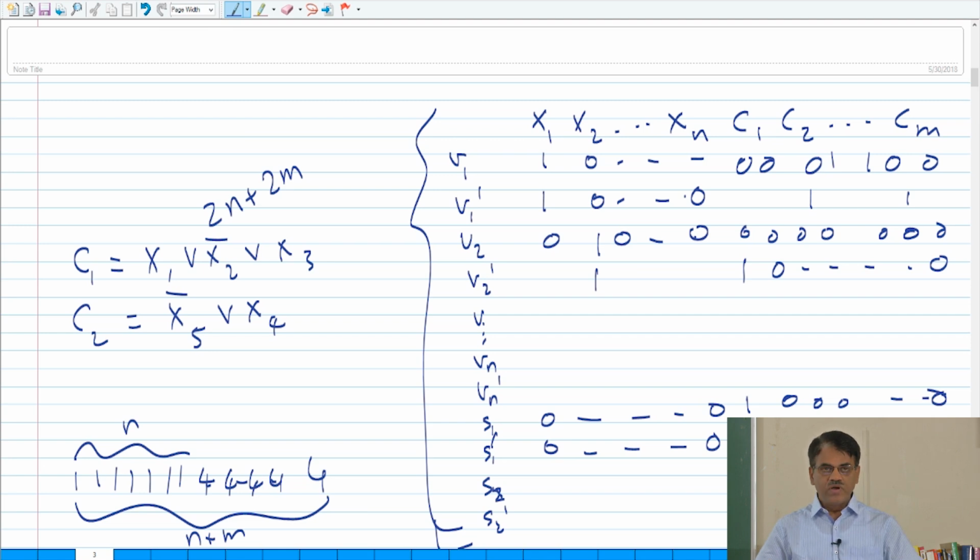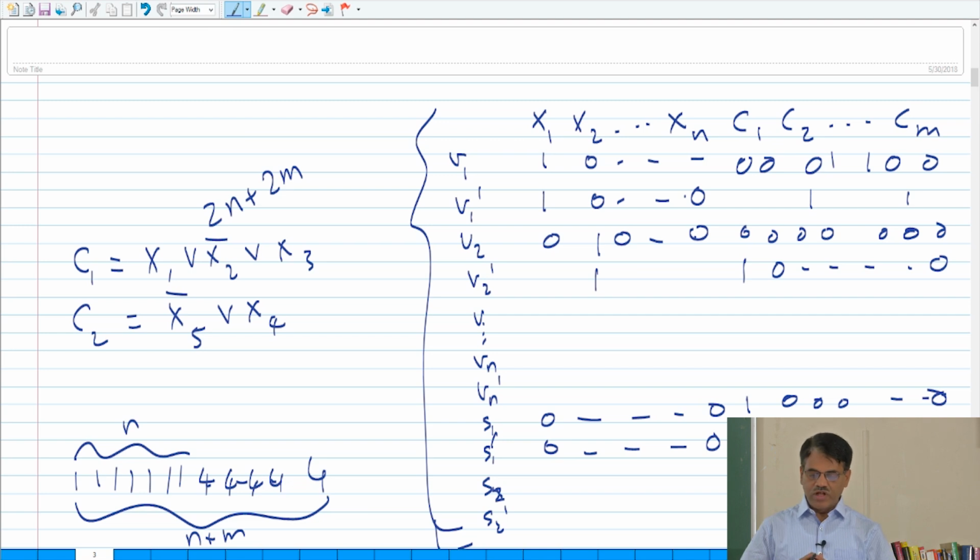Suppose somebody managed to give a subset of these numbers which adds up to this number. Then in the xi positions, they all add up to 1. So that means for every variable, I would have picked a vi or vi bar, exactly one. So that vi's will correspond to my assignments.